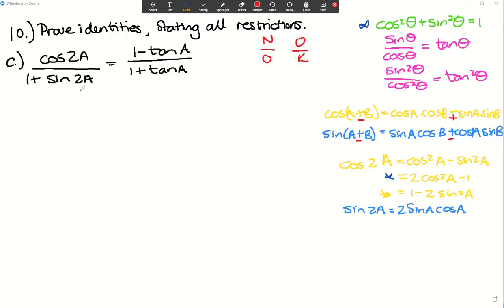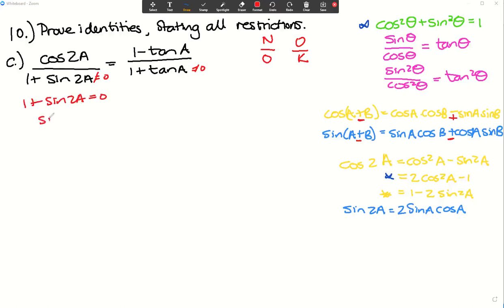Okay, so our next identity is question 10c, and we've got cos 2a over 1 plus sine 2a is equal to 1 minus tan a divided by 1 plus tan a. Now, remember, our denominators are not allowed to equal 0. And if they are equal to 0, then this whole item will be undefined. So, in this case, 1 plus sine 2a is equal to 0.